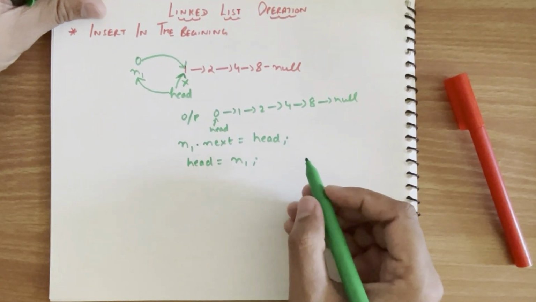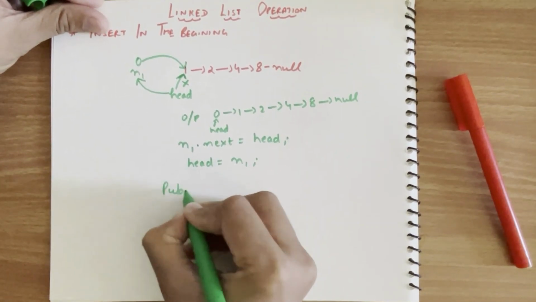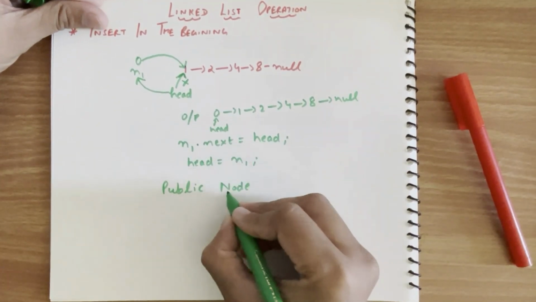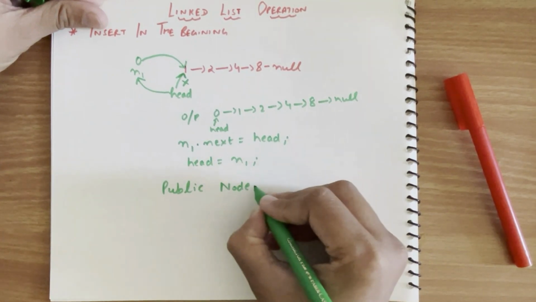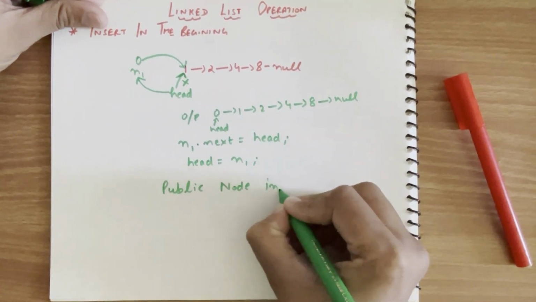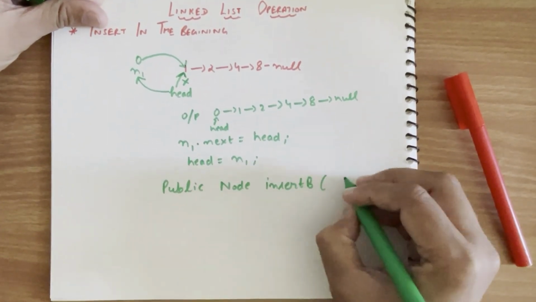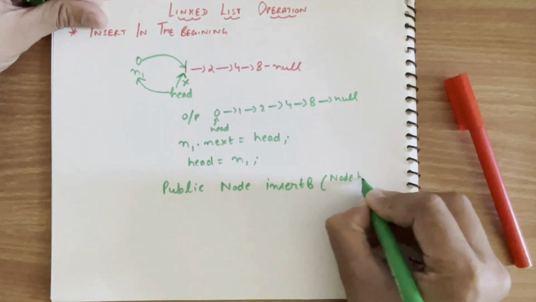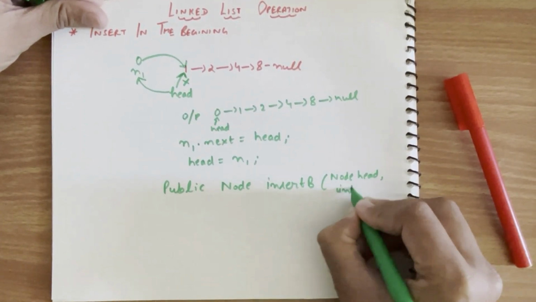Now let us see the program for this problem. Let me declare the method first. Basically we will be returning the head of the new linked list, right? Public Node, let's say the method name is insertB, and our input arguments will be the head of the input linked list and the data which we want to insert.